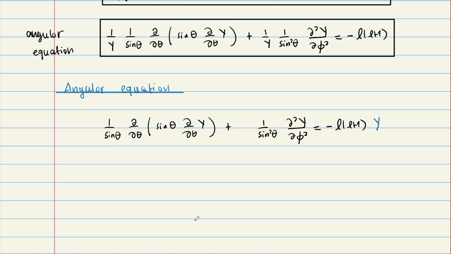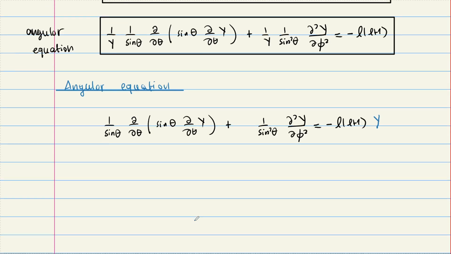Now I want to also separate this equation, because there is a theta part and a phi part. I can do exactly the same procedure. So let Y of theta and phi be, and this is also a convention. Ugly letters in an equation distract me.